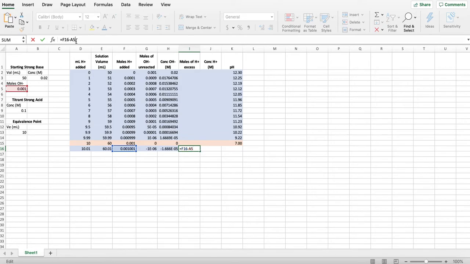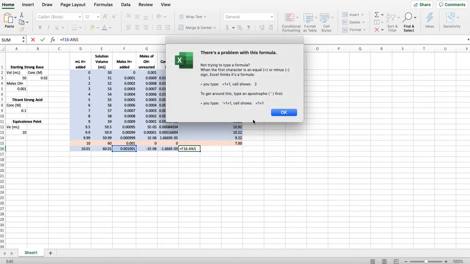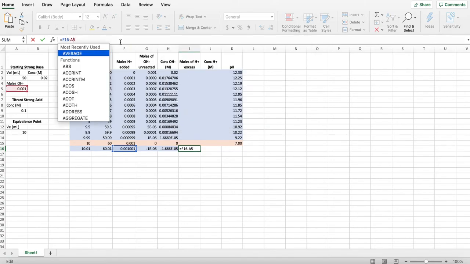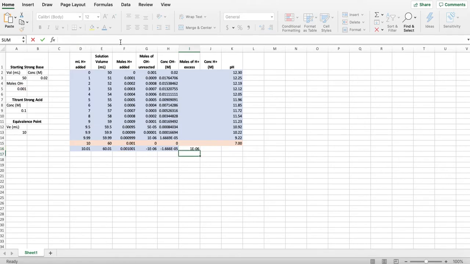Minus the initial moles that we had. And we're going to put a $ sign there. And I didn't put the $ sign. I put a percent sign. There we go. So it's just the opposite. And we could just have taken this and given it a negative, but we'll do it this way. So now we have moles of H plus in excess.